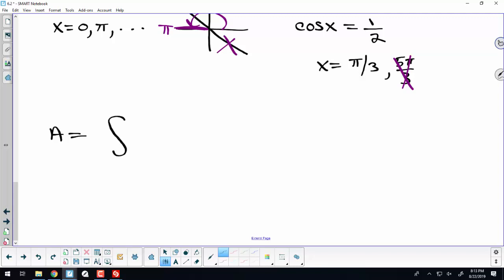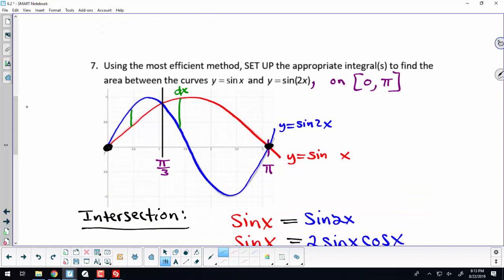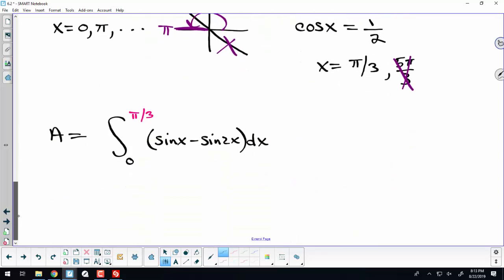So the first region, we go from 0 to pi over 3. Sine x minus sine 2x. Do you all agree with that for the first little piece? Yeah, so dx, top minus bottom. Top is blue, sine 2x, minus red, sine x.